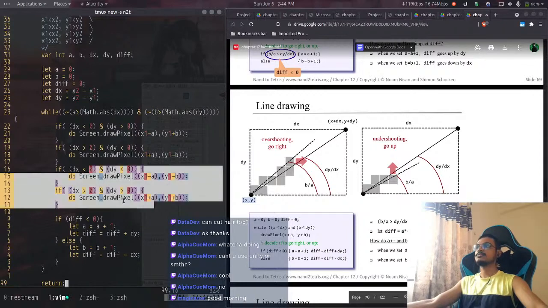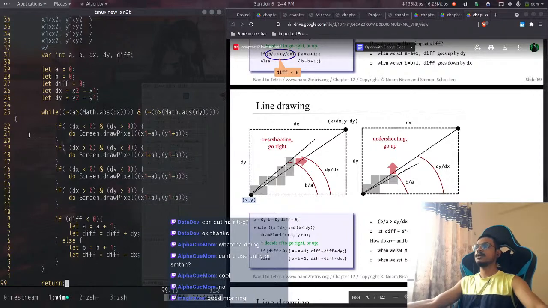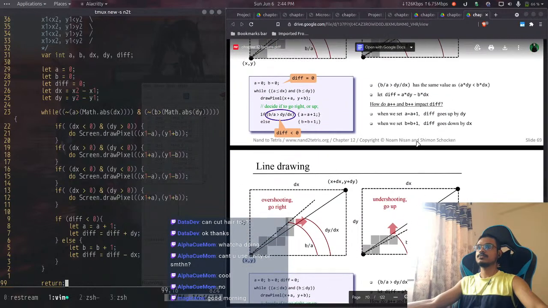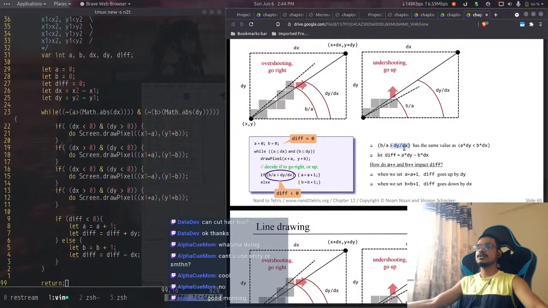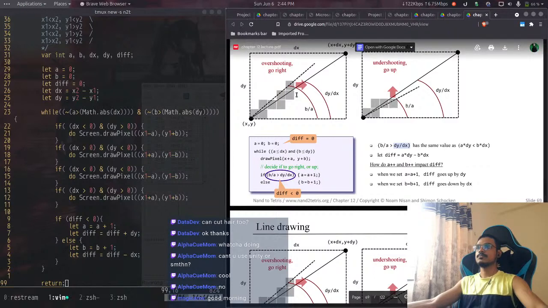Is there a general equation? And what is difference? Difference, we get the difference using this equation. B by a is greater than dy by dx. B by a is this, dy by dx is this.